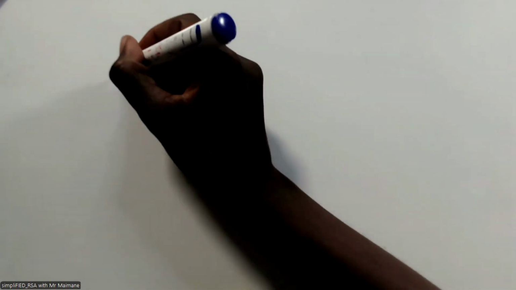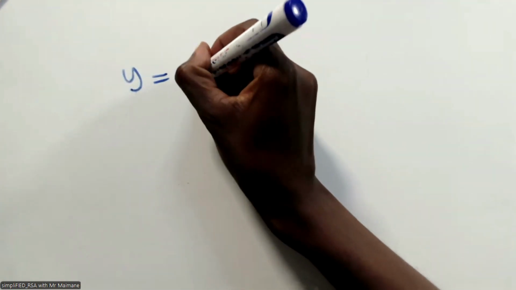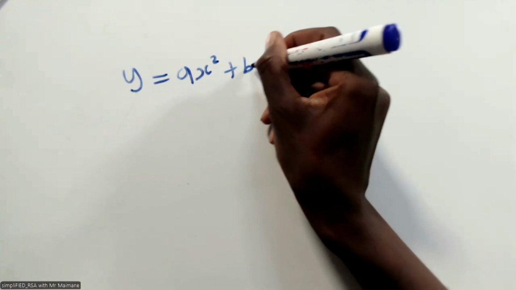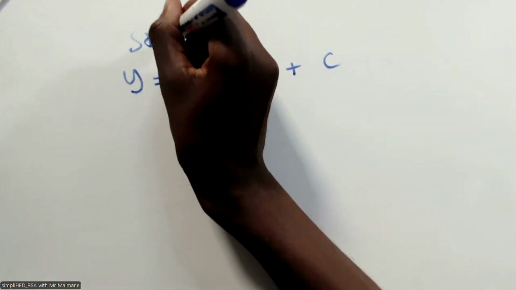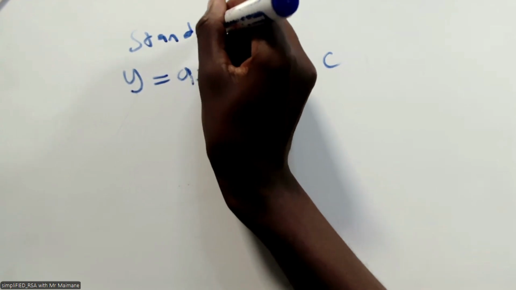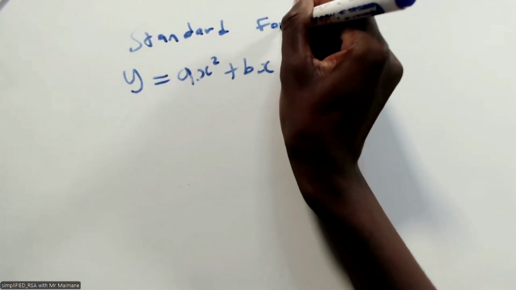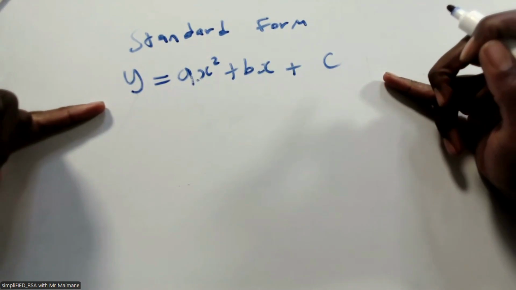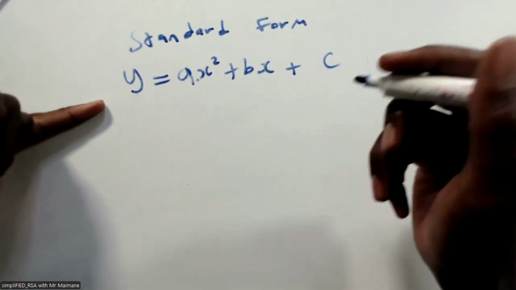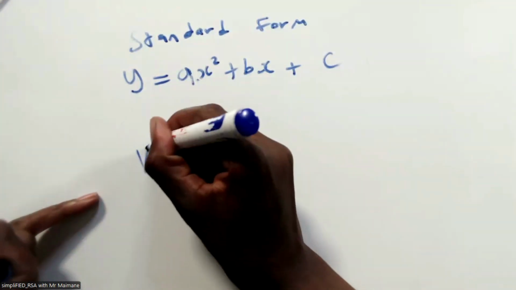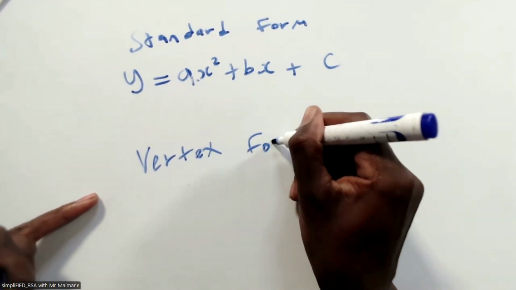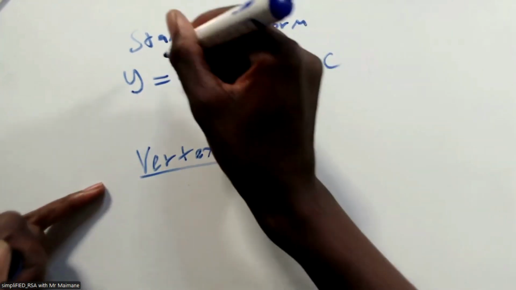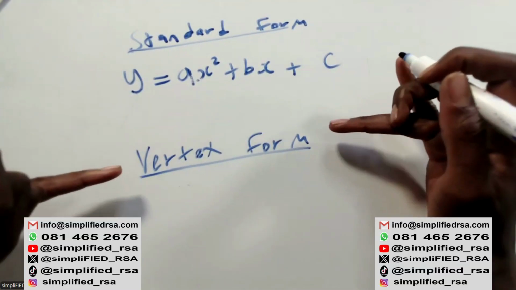I said the general form of a quadratic function is y is equal to ax squared plus bx plus c. This is the standard form of a quadratic function. And we can write this standard form in a vertex form.